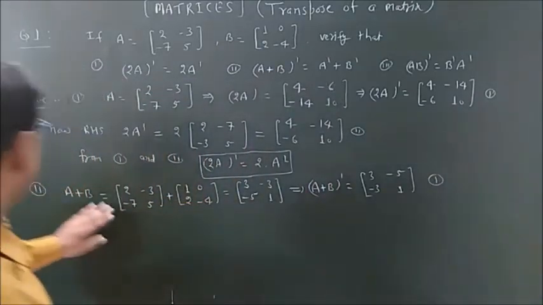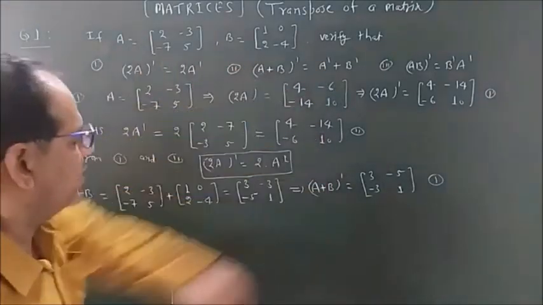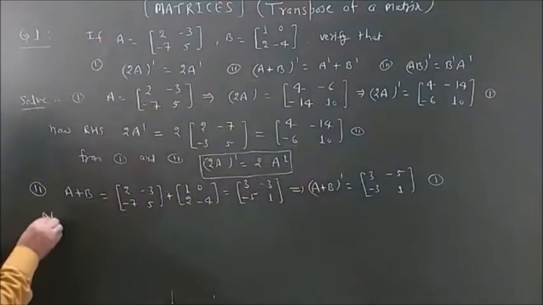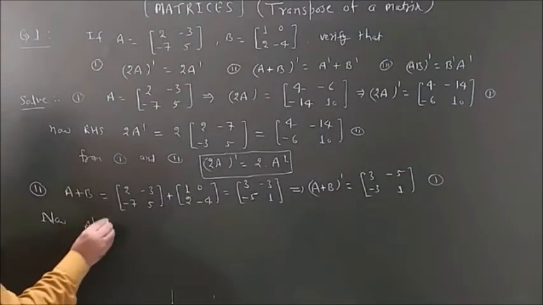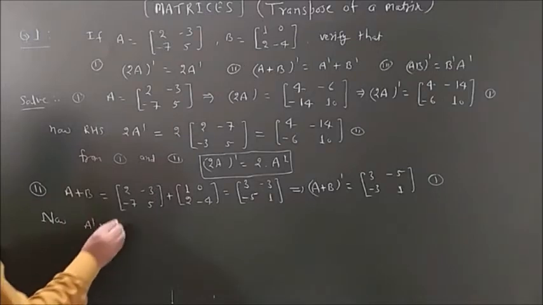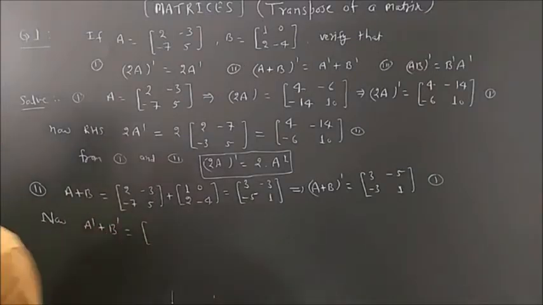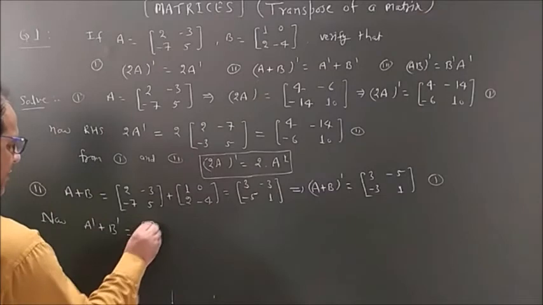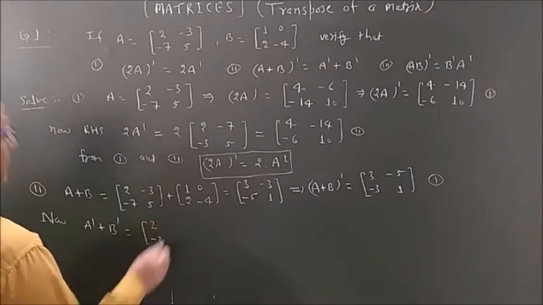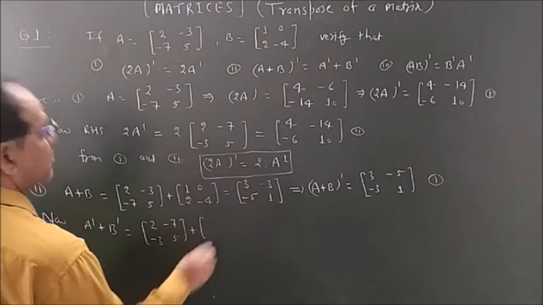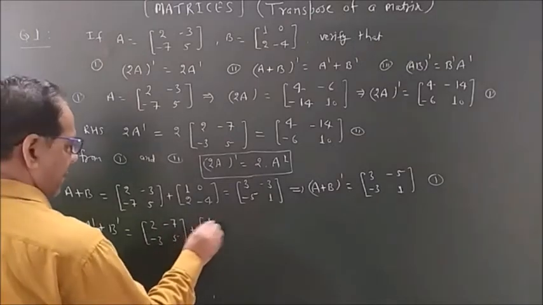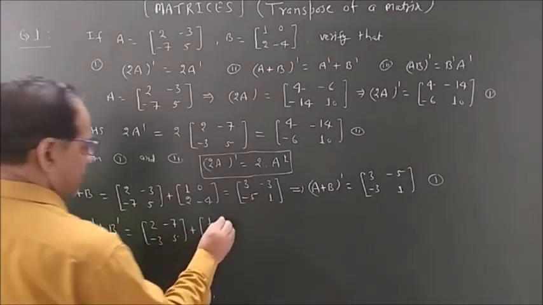So first we found the left hand side, (A plus B) transpose. Now A dash plus B dash. What is A dash? [2, minus 7; minus 3, 5], plus B dash means [1, 2; 0, minus 4].